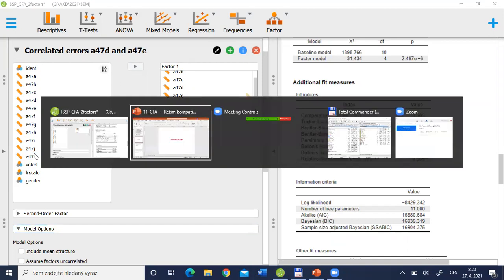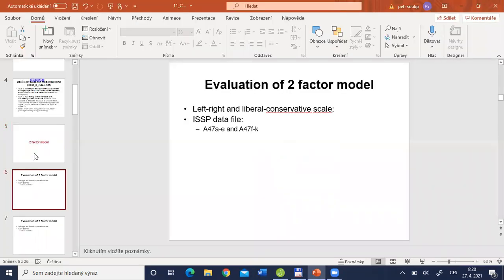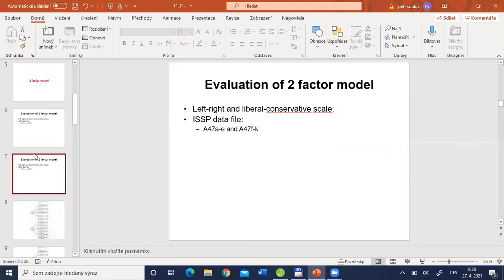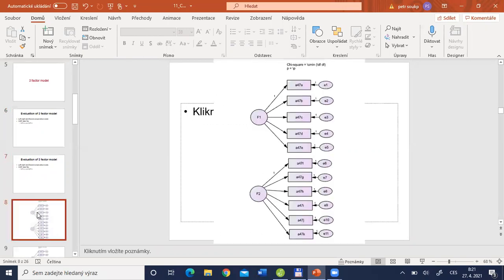So let's go to the two-factor model. And once again, this is the definition. So we are using the KSSP data file and items A47A to A47K divided into 2 scales, 5 items and 6 items. And our main question here would be if we would prefer the model in which 2 dimensions are not related at all.